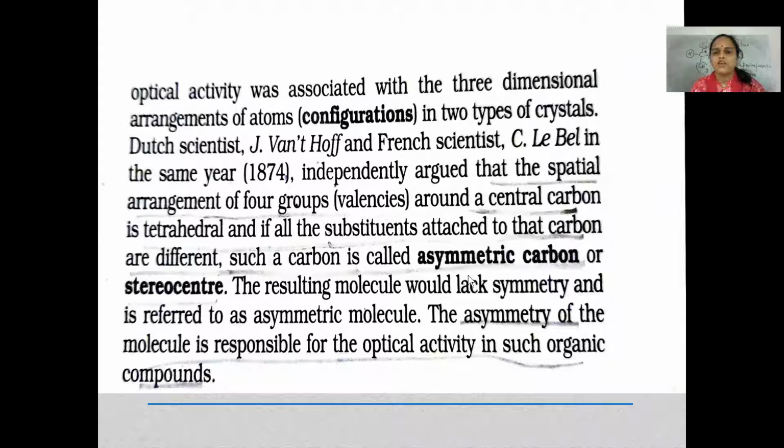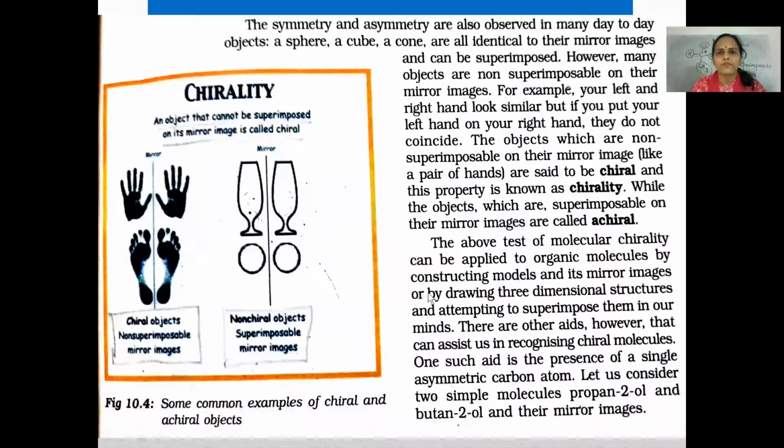The resulting molecule would lack symmetry and is referred to as an asymmetric molecule. The asymmetry of the molecule is responsible for the optical activity in such organic compounds. Hope this part is clear.